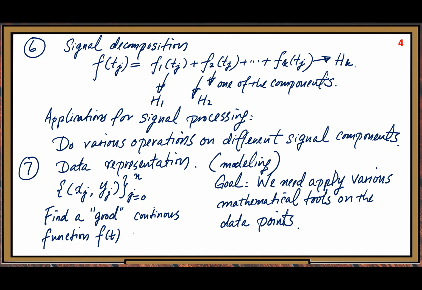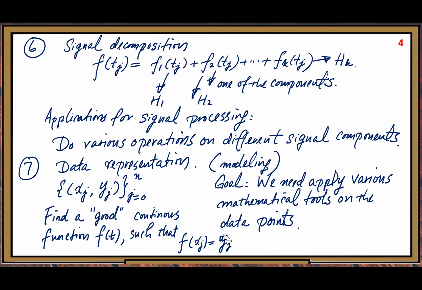Originally, there is no such function. So here we need to find that function. The function does not exist originally. So we find that function, and that step we call the modeling. You need to find a suitable function f of t such that f of xj equals yj.